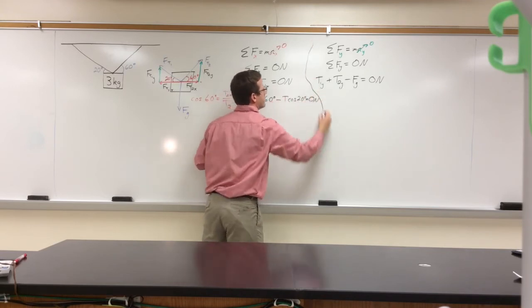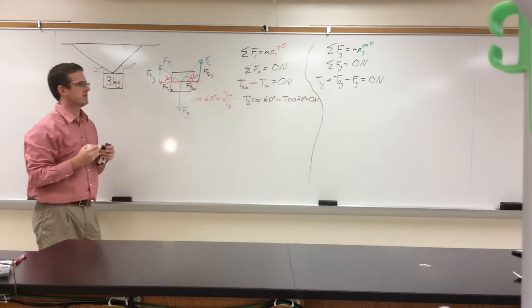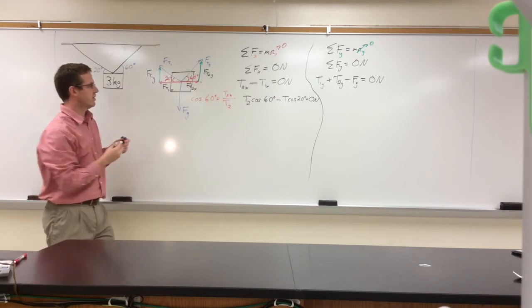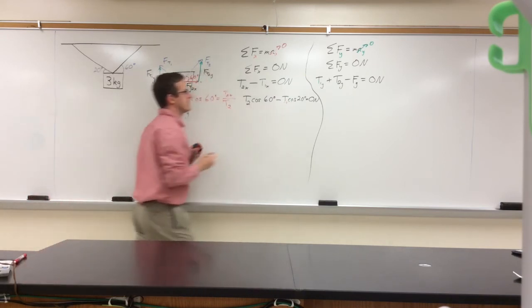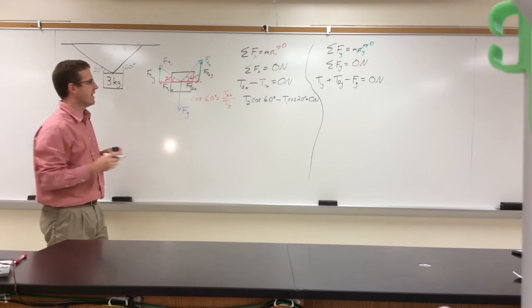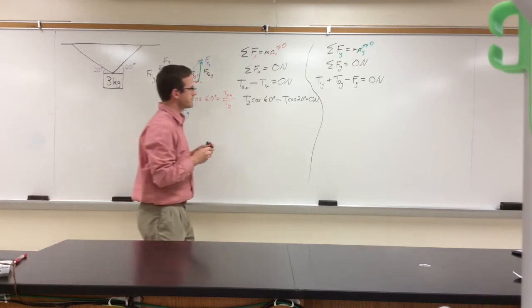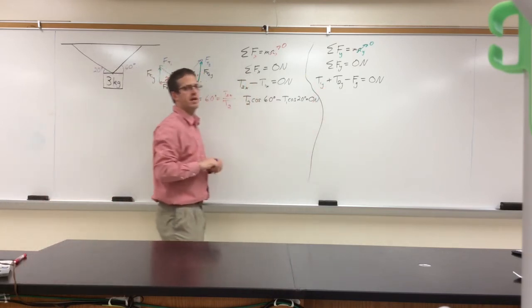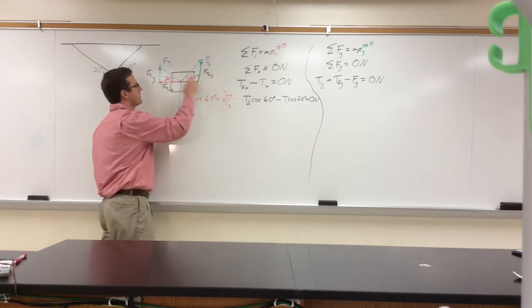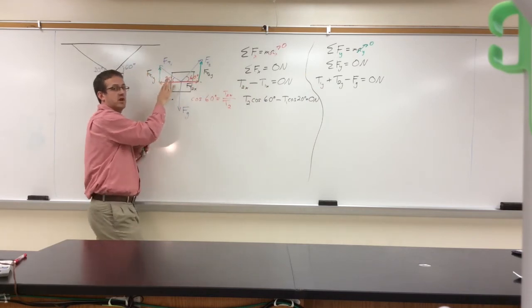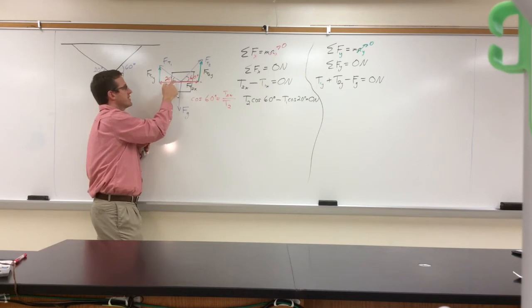And now I'm running out of room. There we go. Oops, I forgot my T1. Okay, let's leave that for now and go to this stuff. Now, we can do the same thing for the y stuff. T1y, now instead of using cosine, we're going to use sine because it's opposite over hypotenuse.